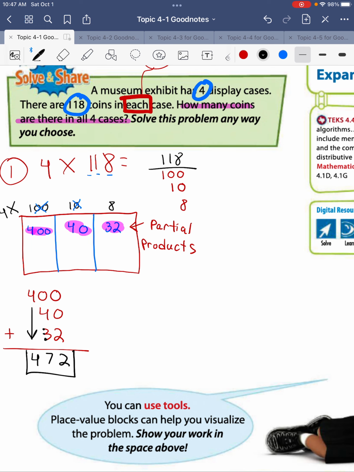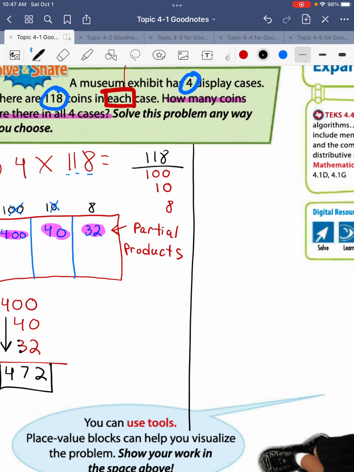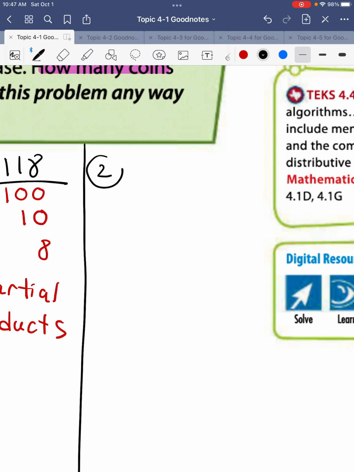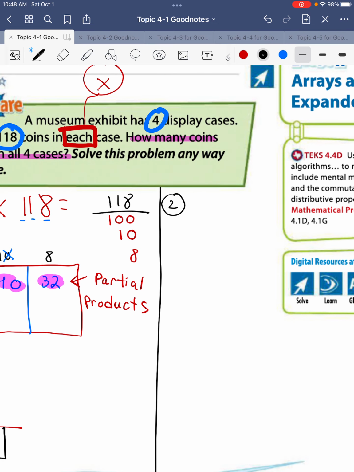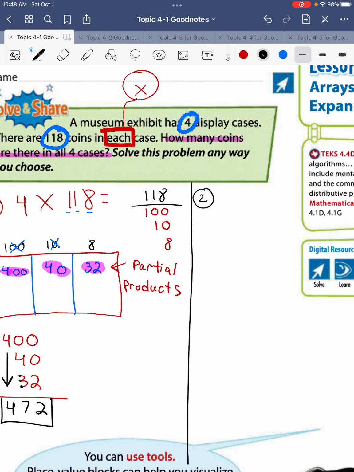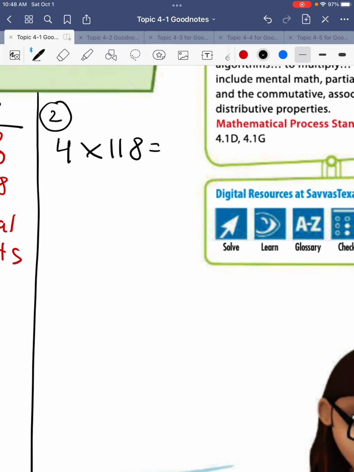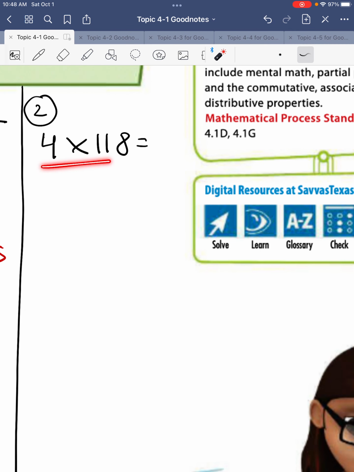Another way to multiply is to do it the standard way, okay? So I have, again, I'm multiplying 4 times 118, okay? When I do it the standard way, I cannot multiply like this, okay? It's hard for me to think, okay, well, what do I multiply 4 by?